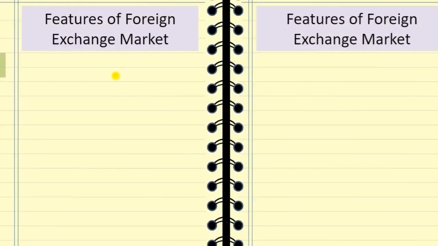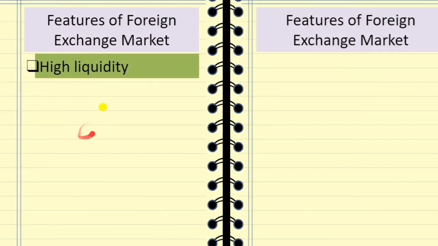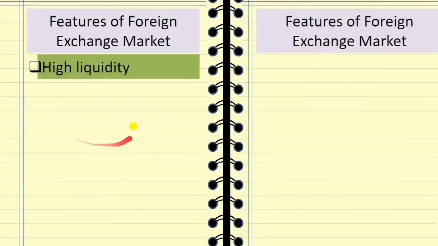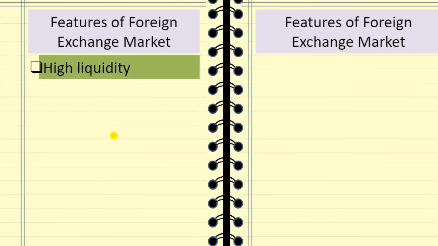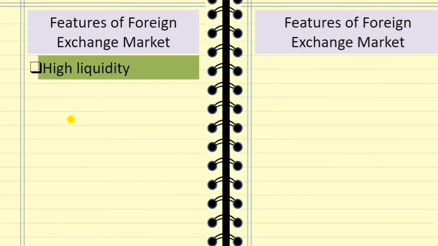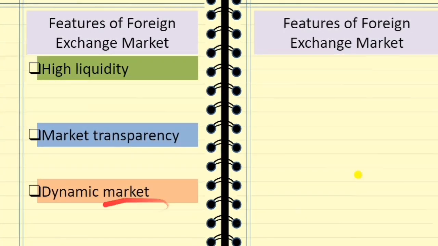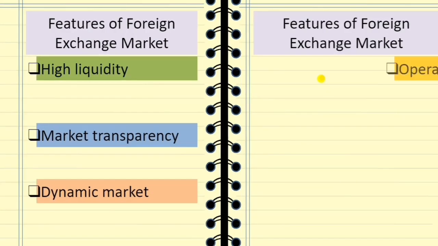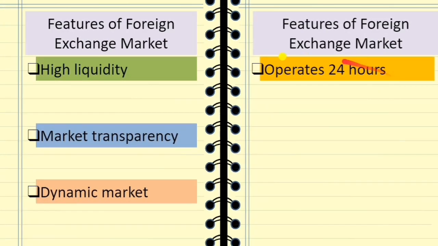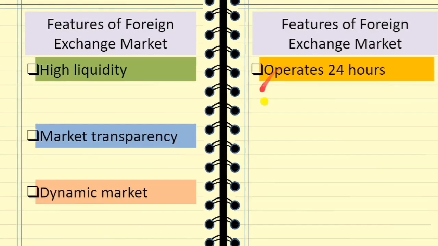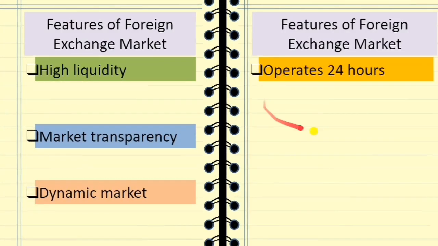Number 1, high liquidity. Number 2, the foreign exchange market is very transparent. Number 3, this market is a very dynamic market. Number 4, the foreign exchange market operates 24 hours around the world.